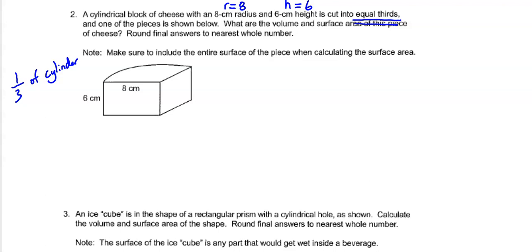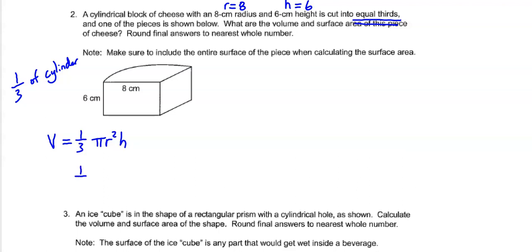And then it says, what is the volume and the surface area, rounded to the nearest whole number? Make sure to include the entire surface when you're doing surface area. Well, volume's easier. Let's do volume first. The volume of a cylinder is pi r squared h, but this was cut into thirds, so it's a third of that.